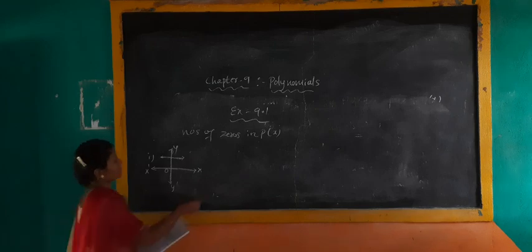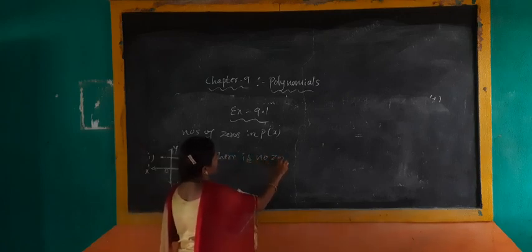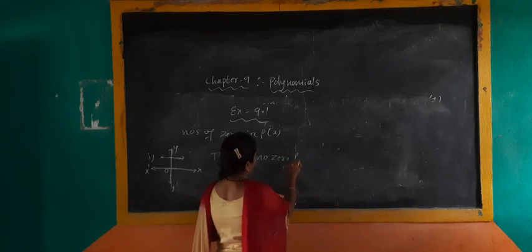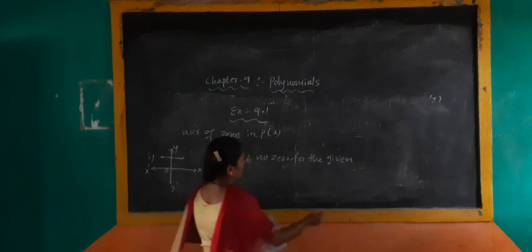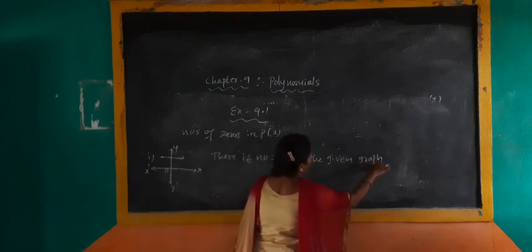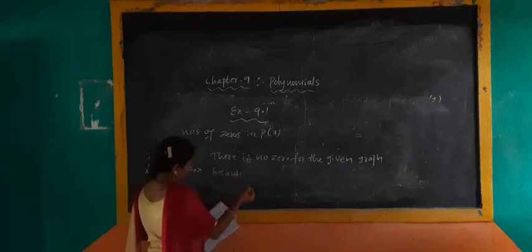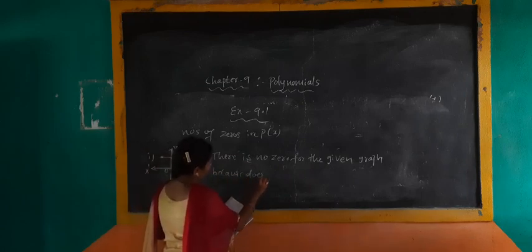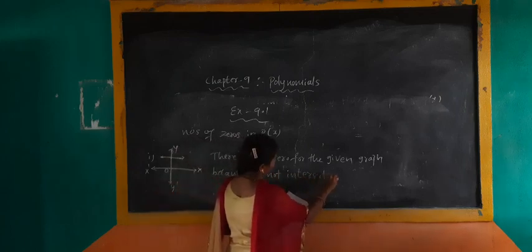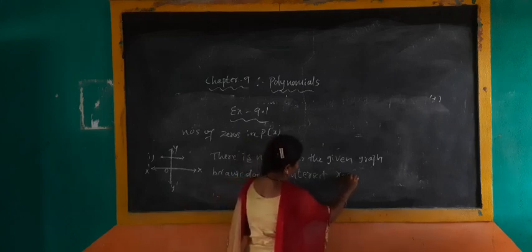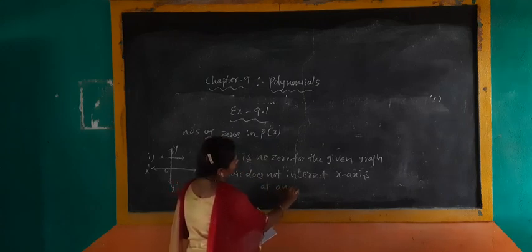Take down: there is no zero for the given graph because it does not intersect the x-axis at any point.